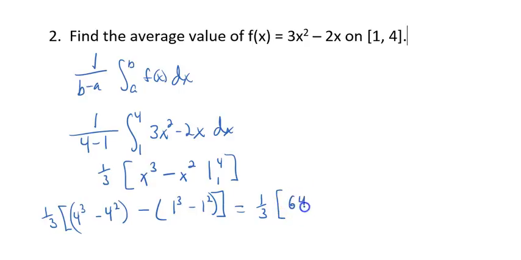So I have 64 minus 16. Here, 1 to any power is 1, so I have 1 minus 1, which is 0. So really, this whole part is 0. I'm subtracting 0. And I end up just doing 64 minus 16 and then dividing by 3, which gives me an answer of 16. That's my average value.